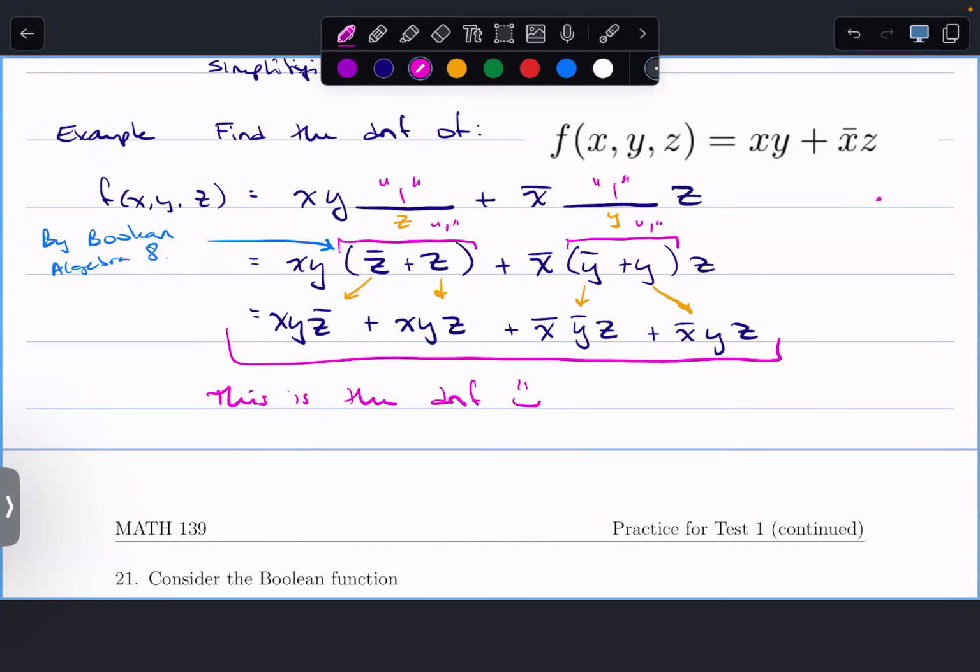Question. So the whole point of Boolean, if they're asking a question, x, y, z and x, y plus x bar z, you're imagining there's an invisible one on x, y, z.